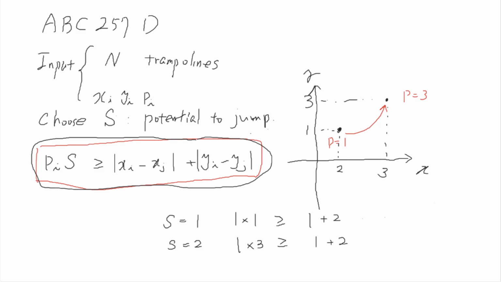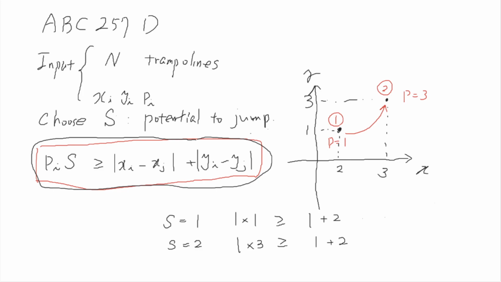For instance, we have the first trampoline whose coordinate is 2, 1 and its power is 1. We have the second trampoline here whose coordinate is 3, 2 and the power is 3, sorry.